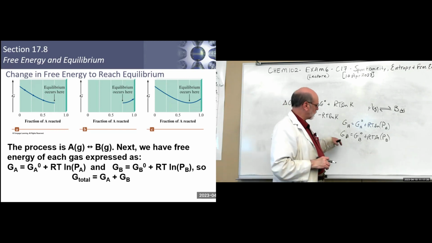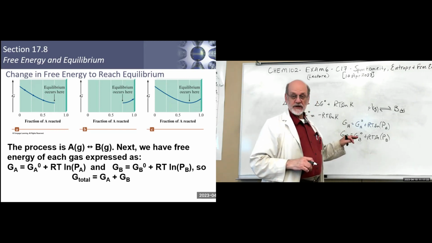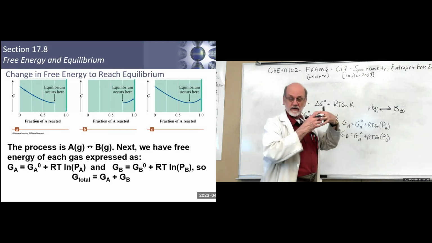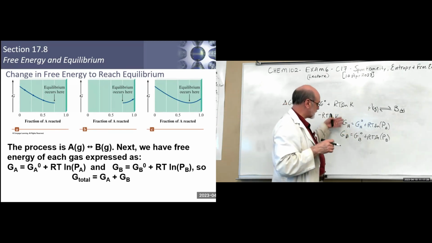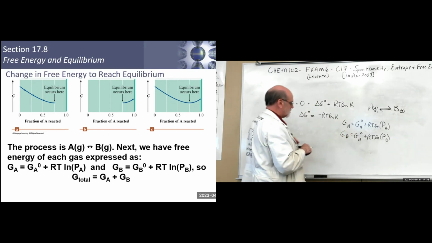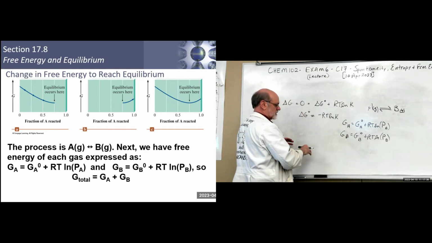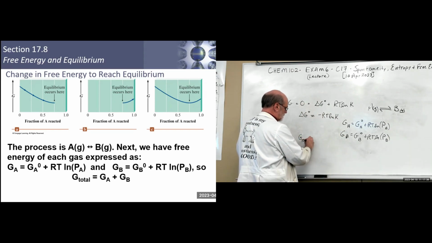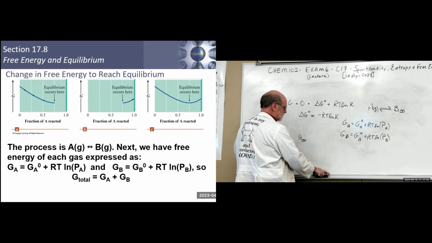So what's the total for these? Well, the total is the summation of the two, right? They're in there together, and each gas has its own free energy. But the total for the system is determined by the summation of the two.